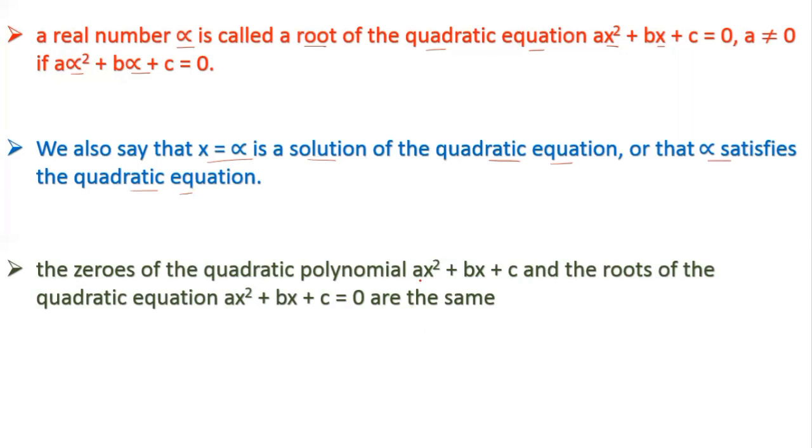So, root of the quadratic equation, solution of the quadratic equation, or the number that satisfies the quadratic equation, all are same, or zeros of the quadratic polynomial and the roots of the quadratic equation are same.